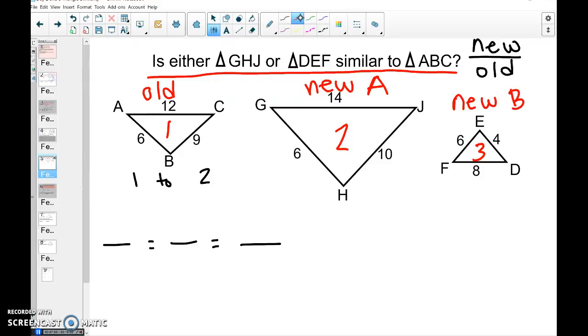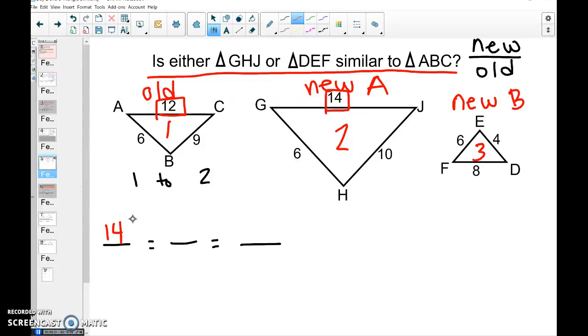All right, so even though these triangles look like they're pretty well matched up, I'm actually going to use something to make sure. If I look at my numbers, I need to match up the biggest with the biggest, the medium side with the medium side, and the smallest side with the smallest side. Well, in my new triangle, the biggest side is 14.